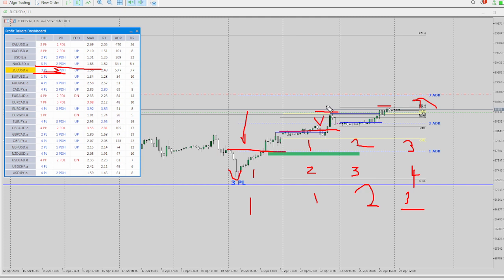It closed above the open. So we have another continuation. And then today it did the same thing again, right? Another continuation. Okay. So I think that right there is another way to help you know which way you're going if you get lost in the sauce.